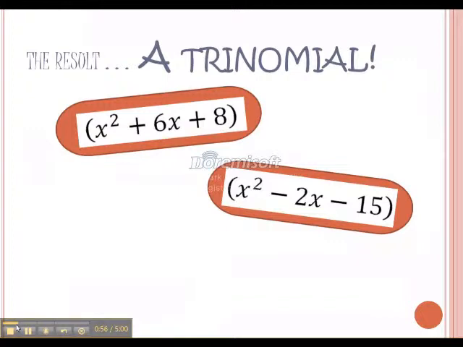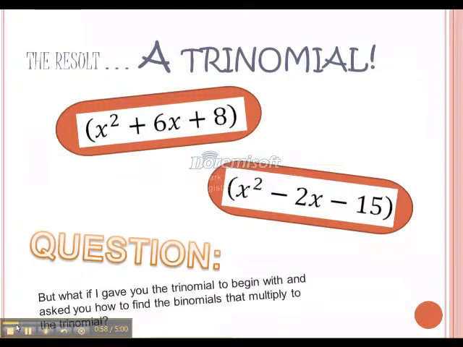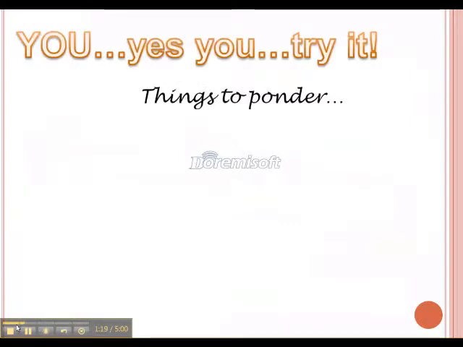So I have a question for you. What if I give you the trinomial or the quadratic and ask you to find the binomials that multiply to get back to the trinomial? How would you do that? I want you to try this. Ponder and really think about it.